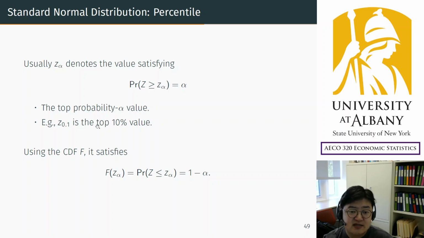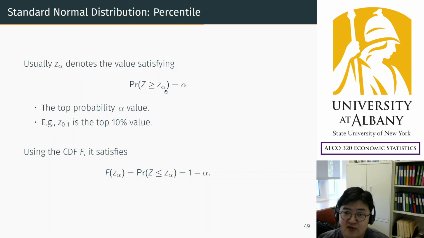So that is top 10% value, top alpha percent value. So in this notation, probability is calculated from the top. But usually the standard is calculating from the bottom, cumulative probability. But this has a different convention. It's annoying, but I don't have the power to change that. So you have to follow that.